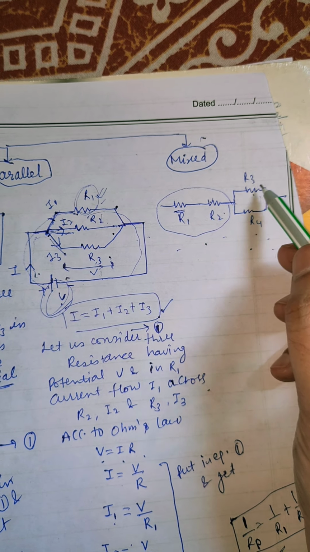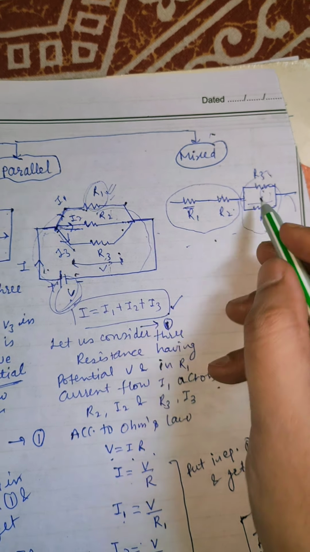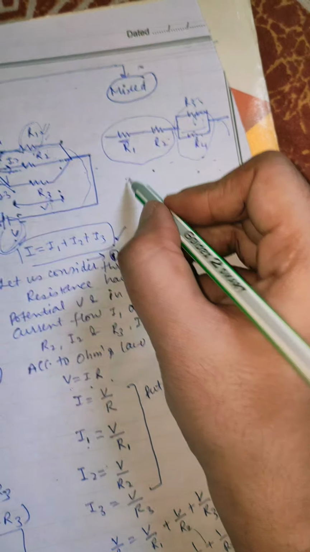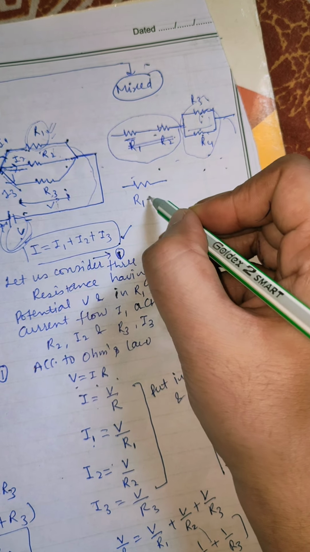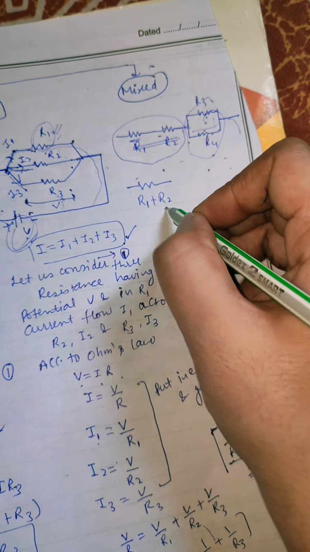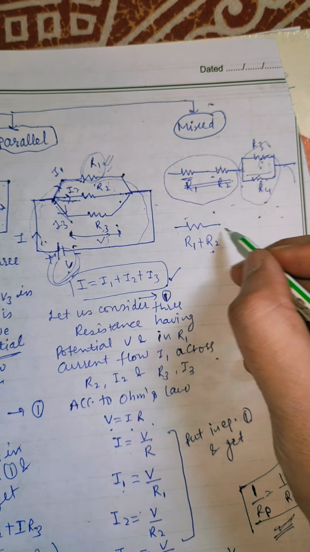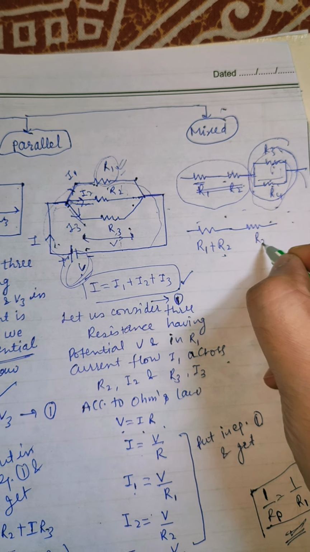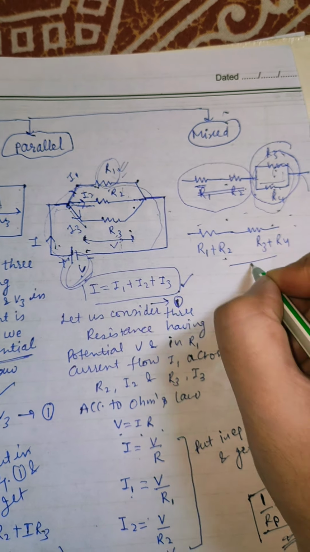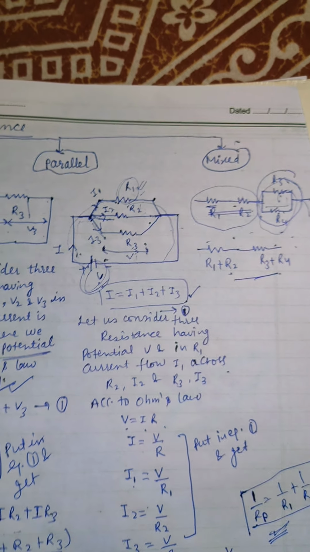So this is a parallel combination. The final result: R1 and R2 are in series. So here we write the total resistance for the series combination, and here we write the total resistance for the parallel combination. The final circuit is like this in series combination.